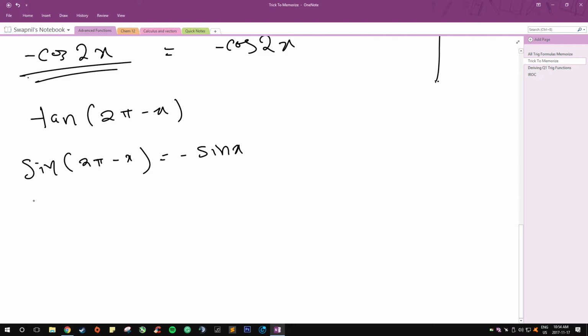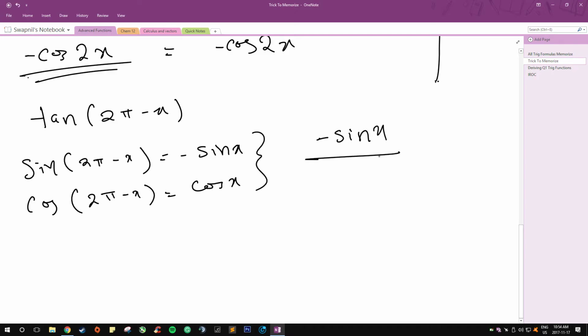Now let's do the cosine of 2 pi minus x. It'll just be cos x. And then tangent is sine over cosine. So this would just be negative sine x over cos x, and that would just give you a negative tan x.